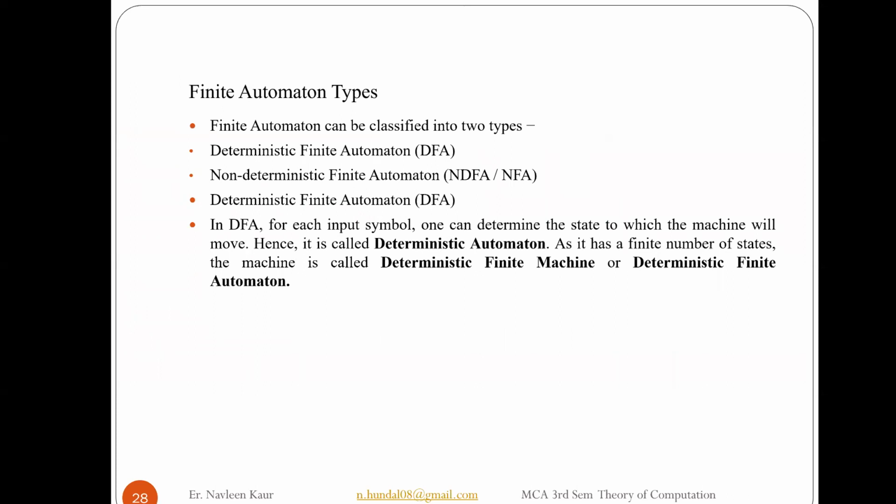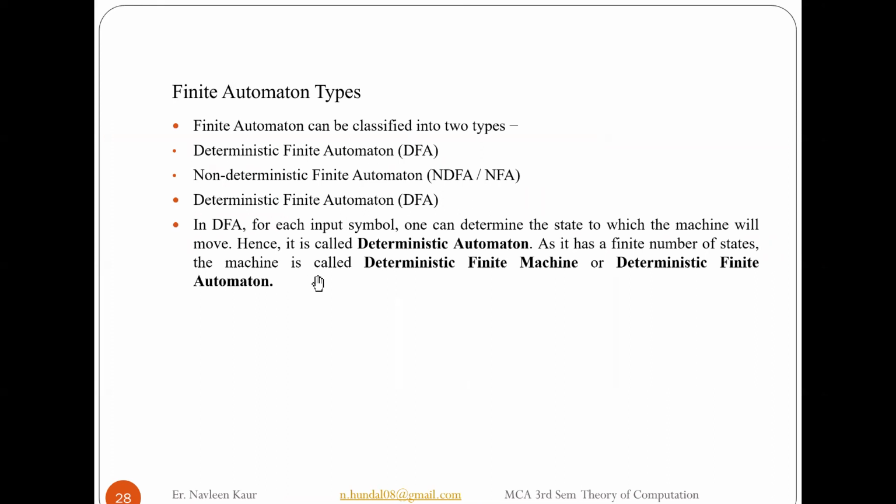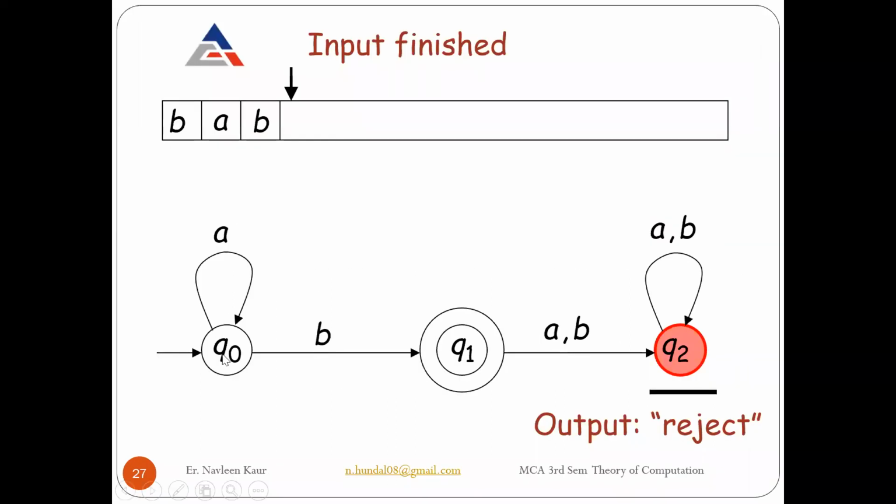Finite automata is already clear, but what is deterministic? Deterministic means something that you can determine, right? For instance, suppose this is my state Q0 here. If I give it the first input B, where will my Q0 go? It will go to Q1. So on the basis of my current state and what input I give it, I can determine my next state.